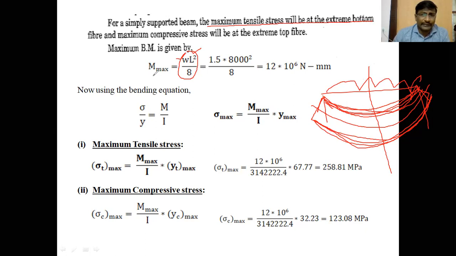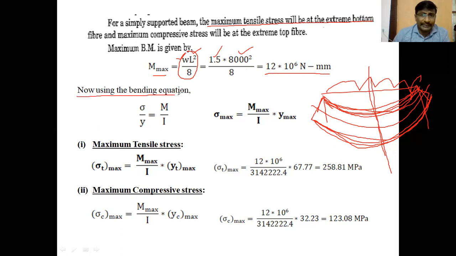So from this formula, we can calculate the maximum bending moment, with 1.5 kilonewtons per meter or 1.5 Newton per mm given in the problem as UDL value. 1.5 into length of the beam 8000 mm, 8000 square by 8. Then we can get the maximum bending moment in Newton mm. 12 into 10 to the power of 6 Newton mm is the maximum bending moment at the center.